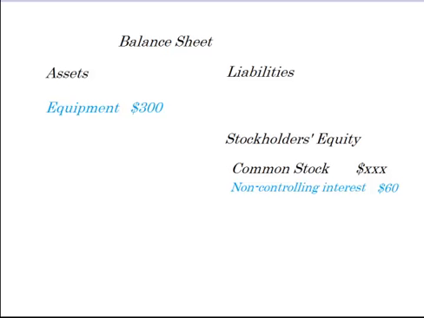So we'll bring over 100% of the fair value, and now in our stockholders equity section of the parent's consolidated balance sheet, new account, non-controlling interest, $60, to let the parent shareholders know that part of those assets are actually owned by some shareholders that are not shareholders of the parent corporation. Why is it $60? $60 is 20% of the $300 equipment balance.